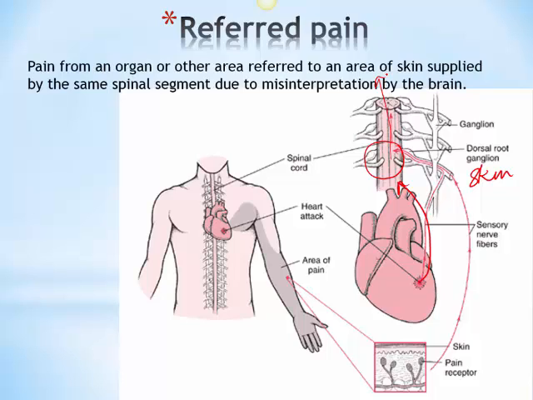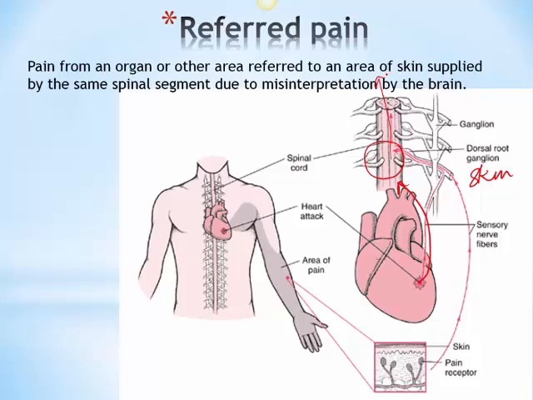So by knowing which areas of the organs share with areas on the skin, physicians and surgeons can actually predict. Because if they didn't know that the heart and the thoracic region of the spinal cord shared the same segments, when a person comes to you and says, oh, I have pain on the front of my chest wall, I have pain going down here, you would start examining the skin and find nothing wrong and not know.